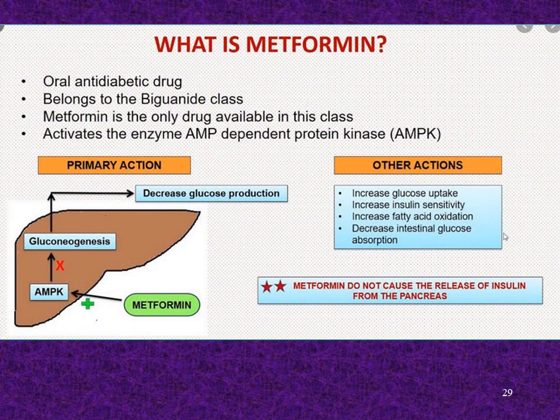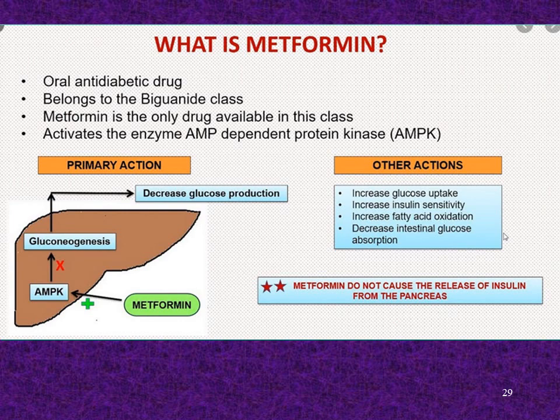So what is metformin? It's an oral antidiabetic drug belonging to the biguanide class, the only available drug in this class, and it activates the AMP dependent protein kinase, called AMPK. The primary site of action of metformin is the liver, as shown in this picture.